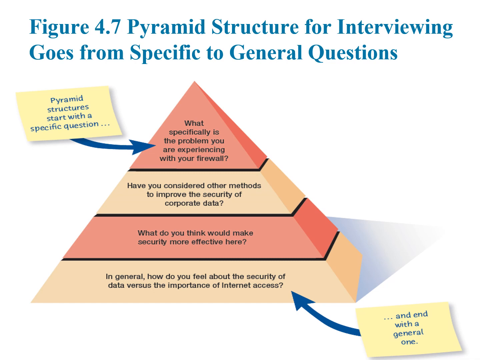In general, how do you feel about the security of data, viruses, the importance of internet access? So we are expecting more details in those kinds of questions because they are open-ended questions, whereas the closed kind of question is one where we are expecting some list of information. It will not give much detail.